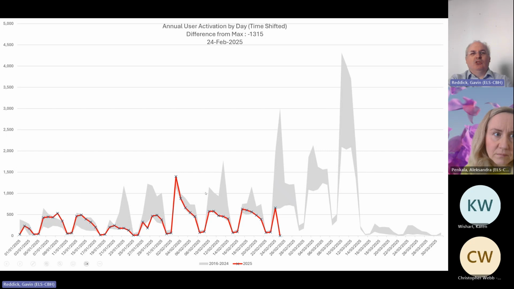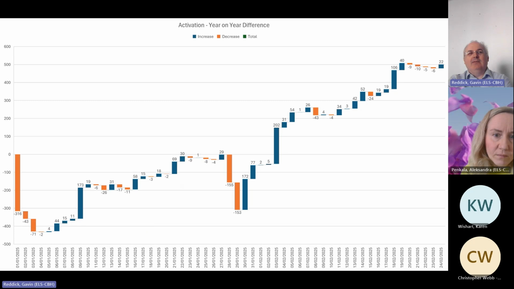But if we compare just 2024 and 2025 and look at the differences on those individual days, you can see that we started off in January a little bit below in terms of new user activations. And then we finished January still fairly down.